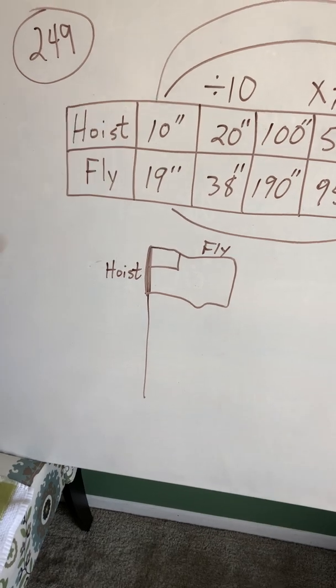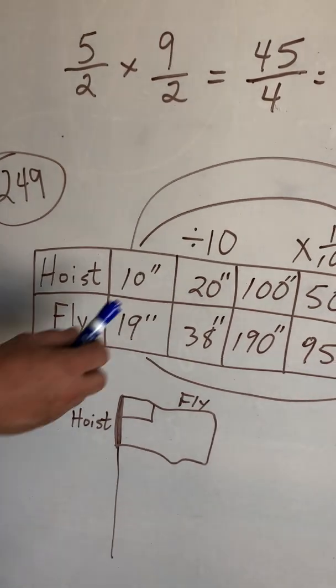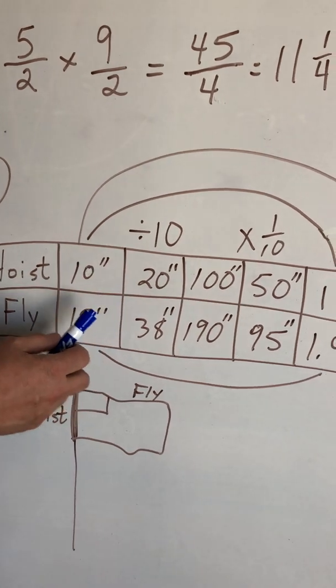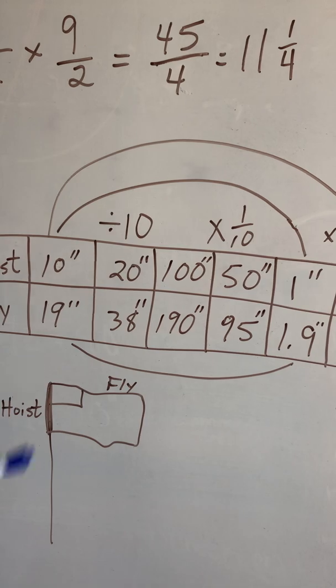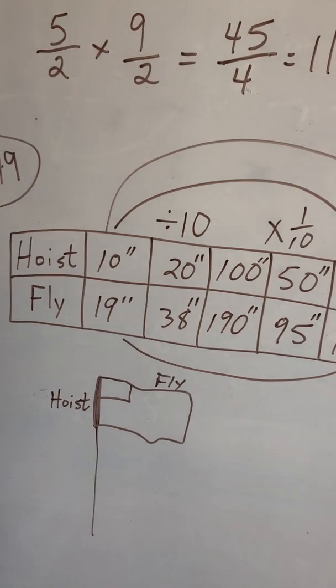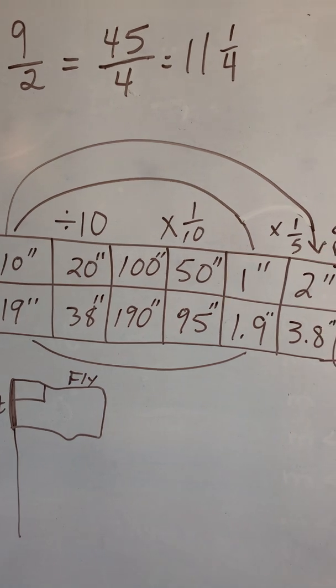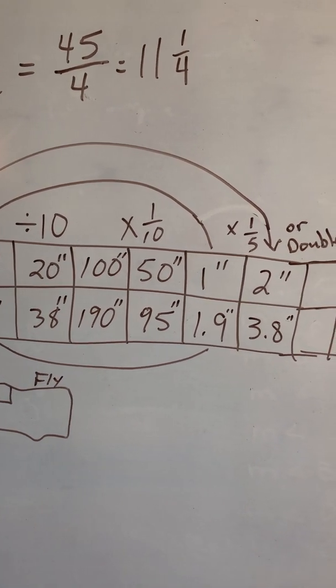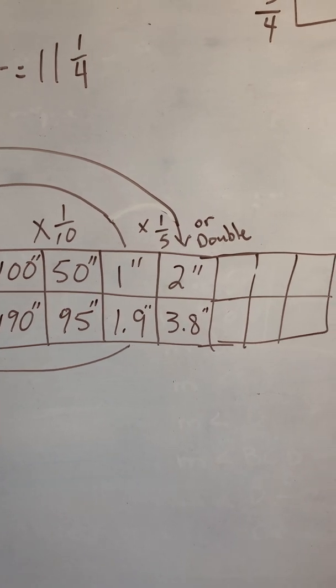Okay? So for all American flags, for proportions, for ratios, the hoist, let's say, is 10 inches. The fly is always 19 inches. Or if you did 10 feet, the fly would have to be 19 feet. If you did 10 yards, the fly would have to be 19 yards.